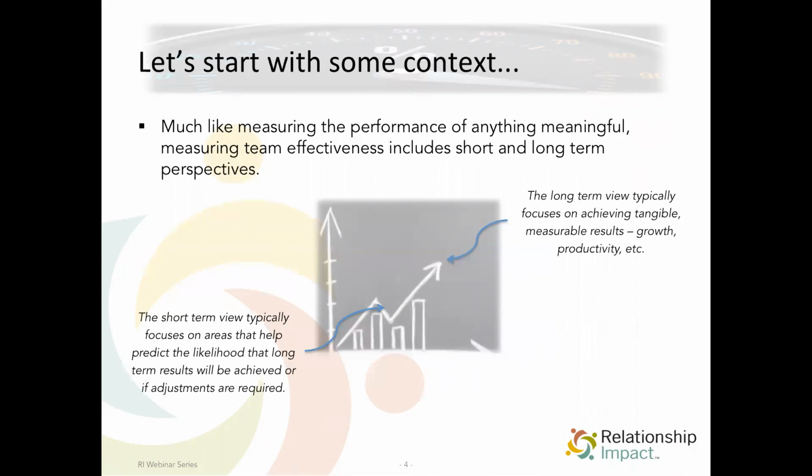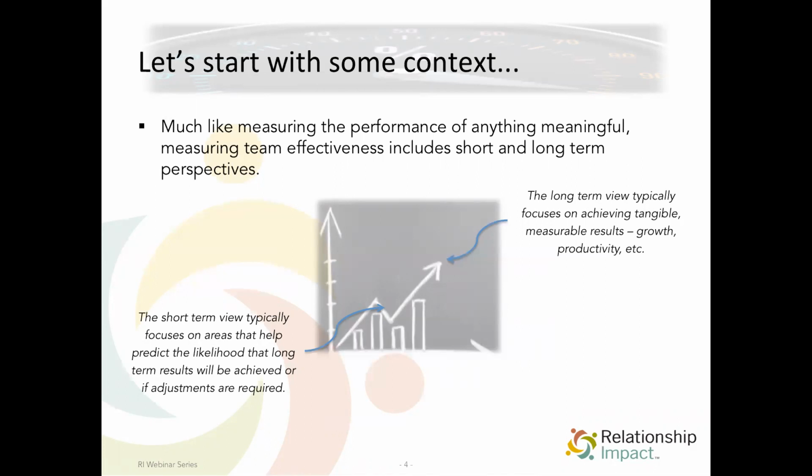Whenever we measure things, we have to look at the ultimate, the long-term view of what outcomes we're trying to achieve. For a for-profit business, that's some type of growth or productivity or ultimately the value of an organization.